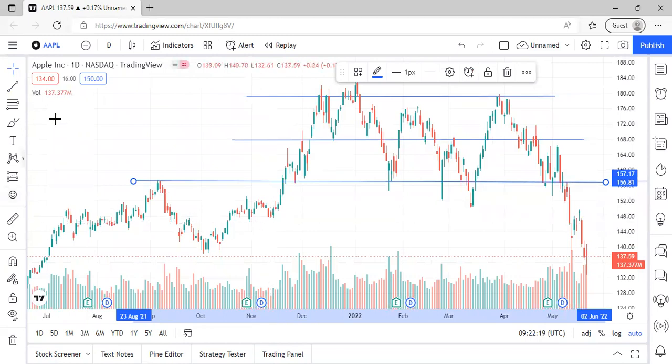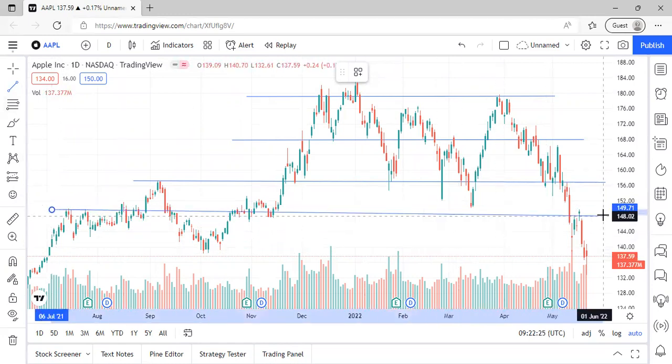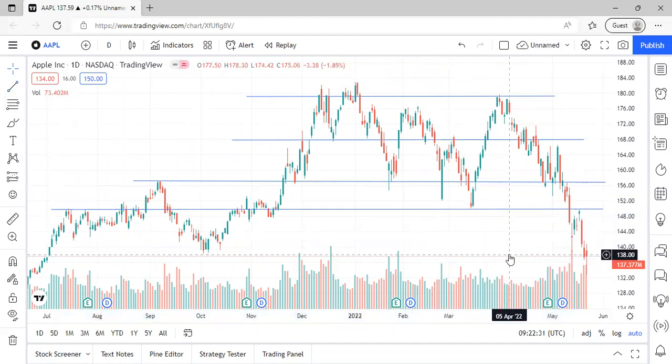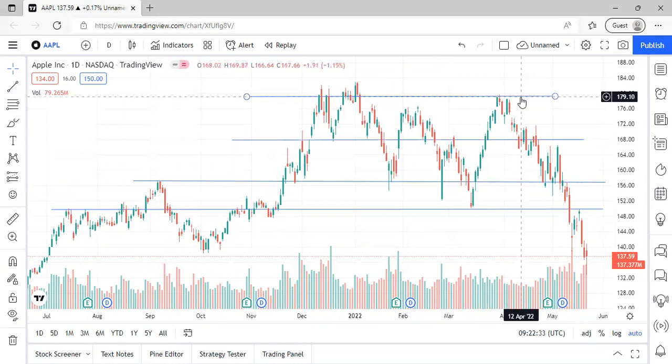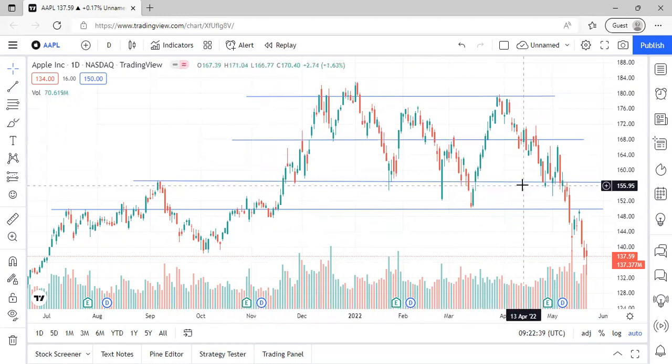And the last resistance line that I'm going to draw will be here. So all of you, please take a look at the drawing. I have drawn the first, which is at the top, the second resistance line on the second, the third over here, and the fourth.